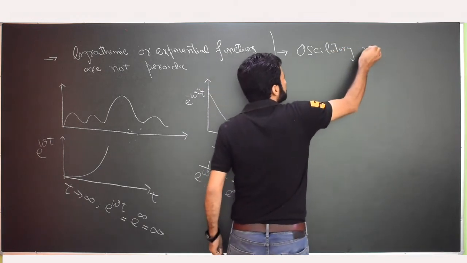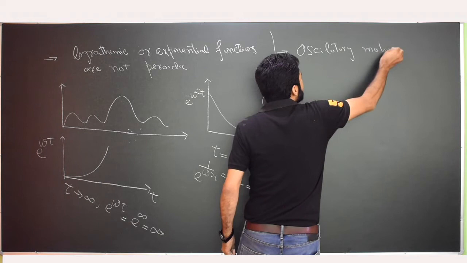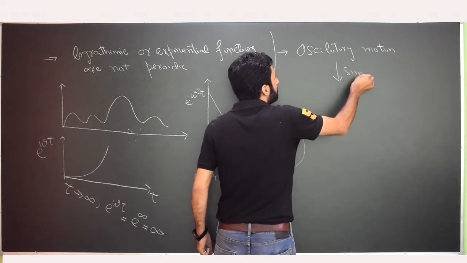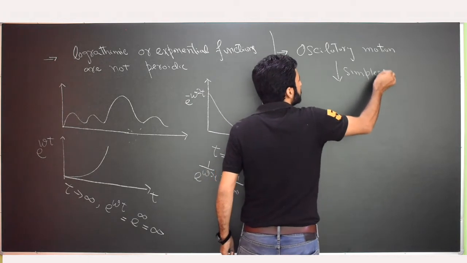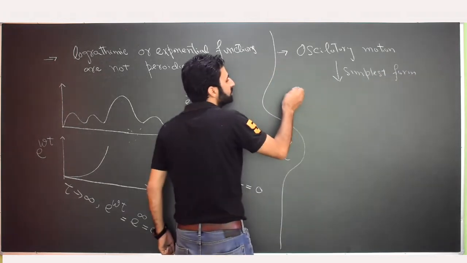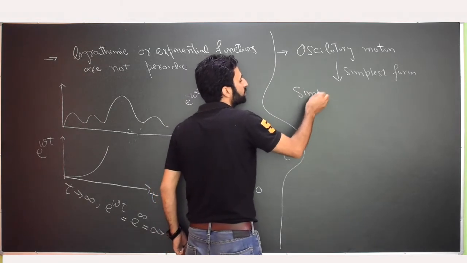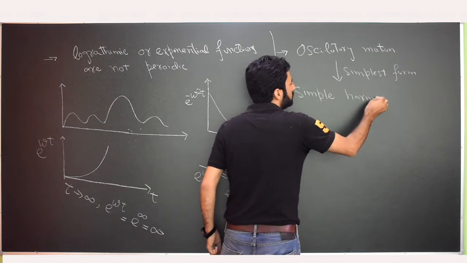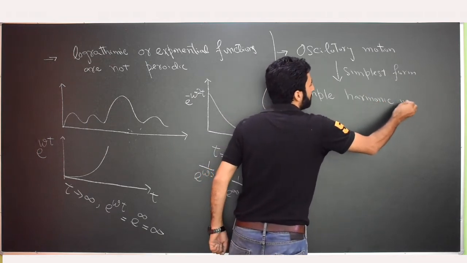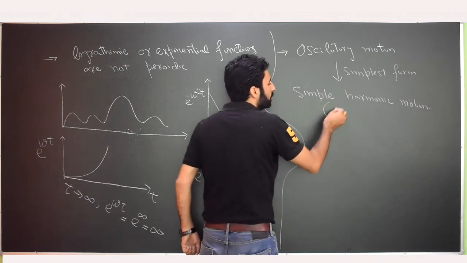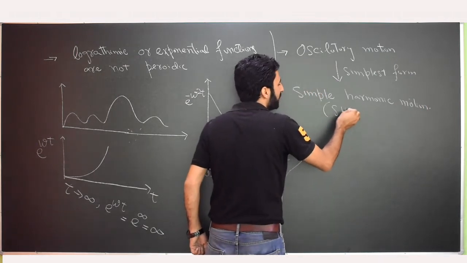The simplest form of oscillatory motion is known as simple harmonic motion, or SHM.